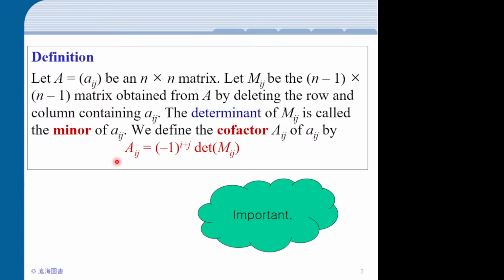So here we first need to define a funny thing: the minor of A. We need to define the weird submatrix Mij that we didn't give a name for.